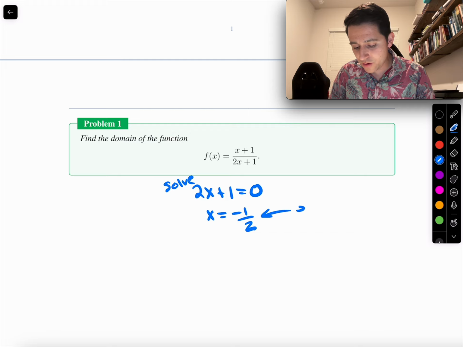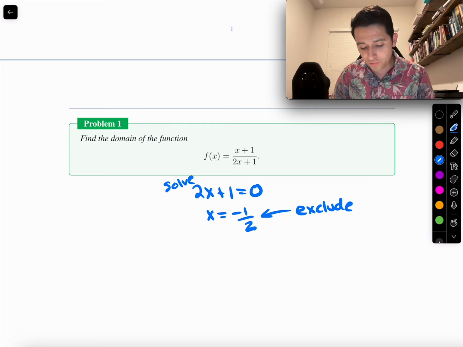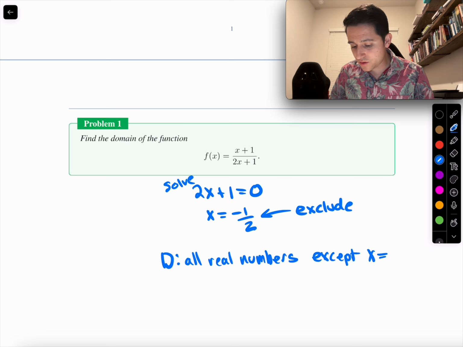This is the number I'm going to exclude. Every time you have a variable in a denominator, you set the denominator equal to 0, and those solutions will be the numbers you need to exclude from your domain. So the domain is all real numbers except x is -1/2.